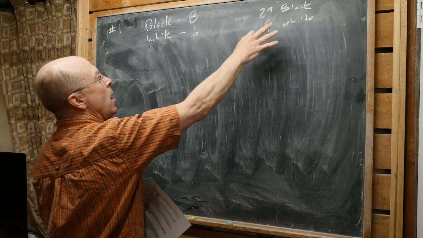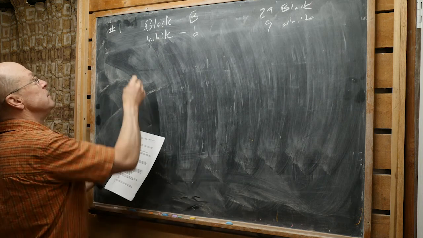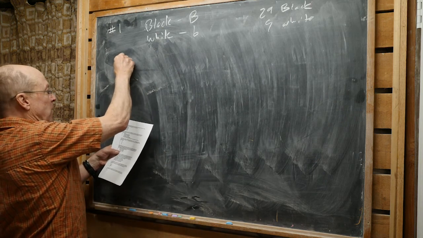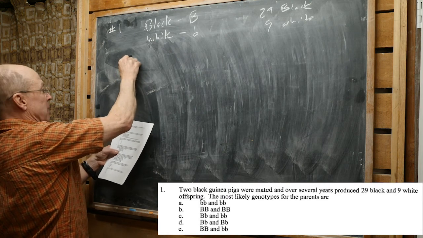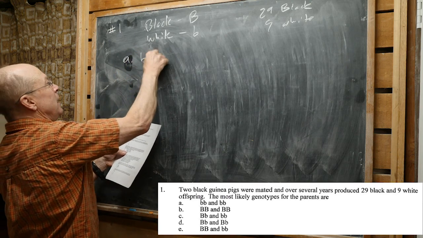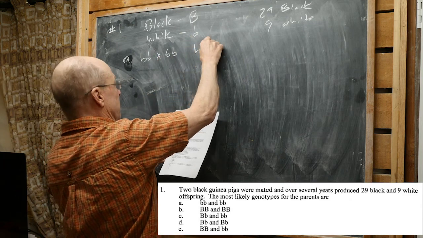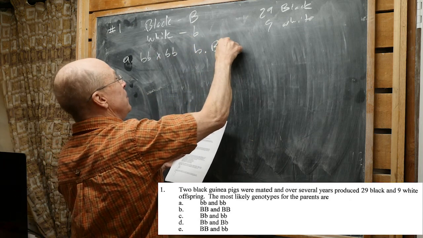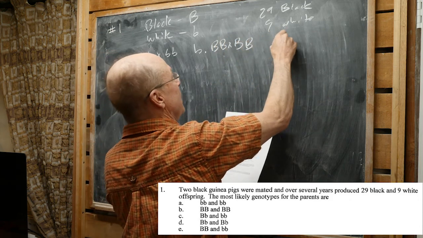And then if you wanted to look at all the possible answers, that's one of the ways to do this. So we could go with answer A, which is little b, little b crossed with little b, little b. Answer B is big B, big B crossed with big B, big B. You can start to throw some of these out pretty quickly.